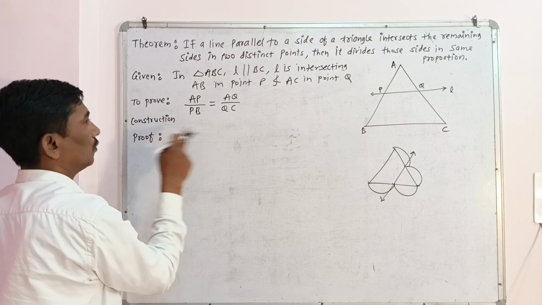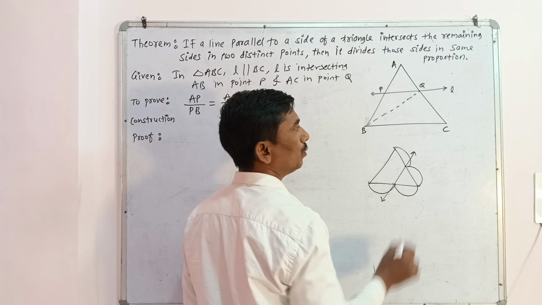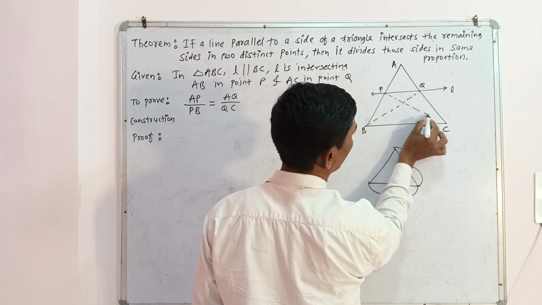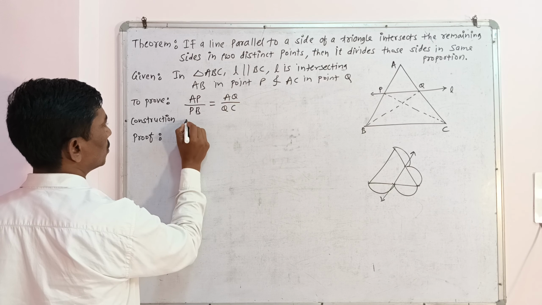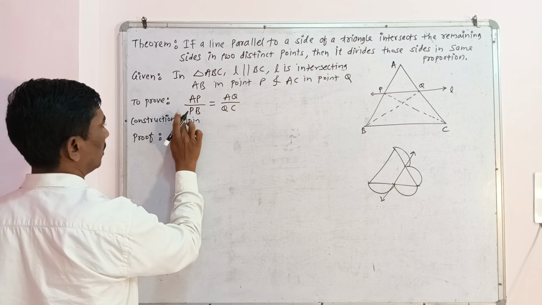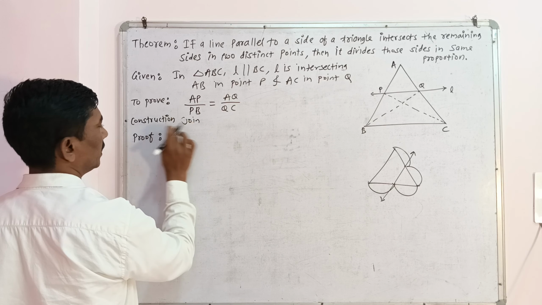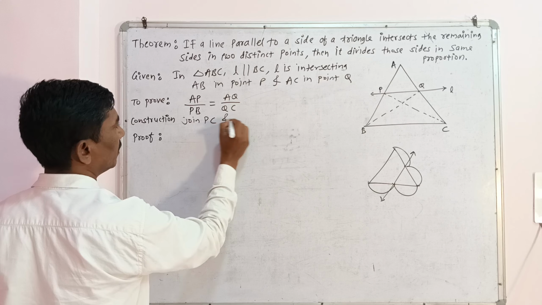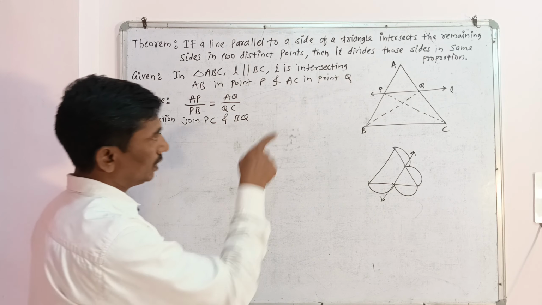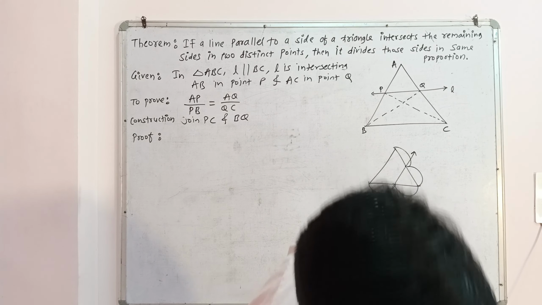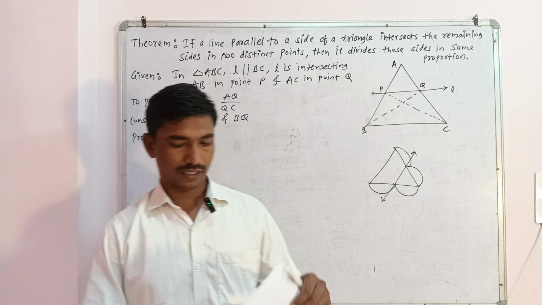So for this to be proved, we have to make some construction, and for that I am drawing here BQ and again PC. So these 2 points we are joining. So I'm writing in the construction part of the theorem of BPT: join PC and BQ. Okay, got that? Now this is the type of diagram I'm having over here in my sketch.